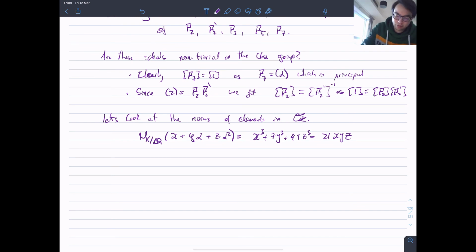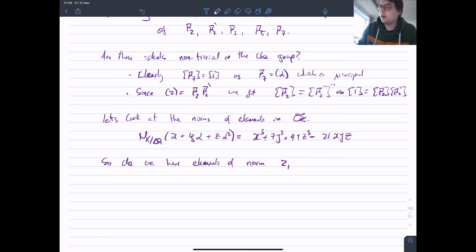And the question about these being non-trivial in the class group is asking, can this number be 2, 4, or something like this? So, do we have elements of norm... if P2 was trivial, then P2 inverse would have to be trivial, so I don't have to worry about P2.